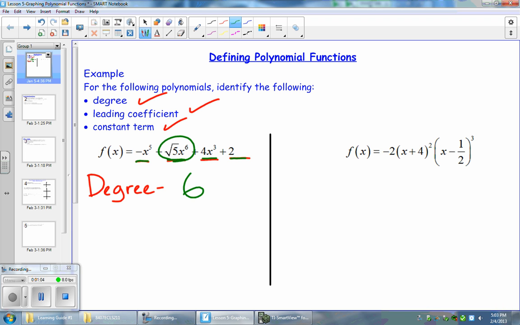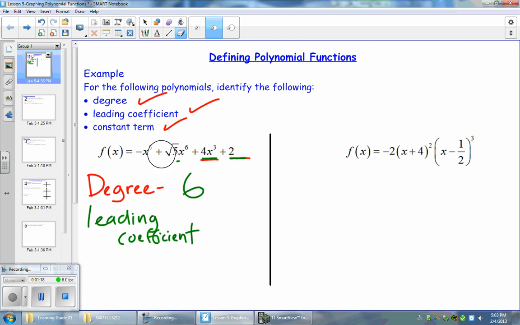Okay, so on to the leading coefficient. As you know already, the leading coefficient is the number in front of the variable of each term. So let's take a look at each of our terms here and identify the coefficients. The first term has a coefficient of -1. The second term has a coefficient of root 5. The third term has a coefficient of 4.